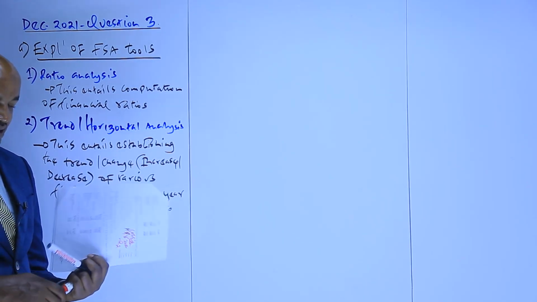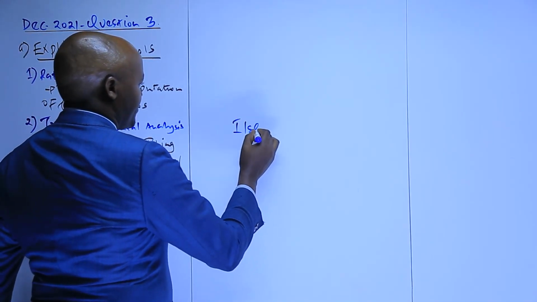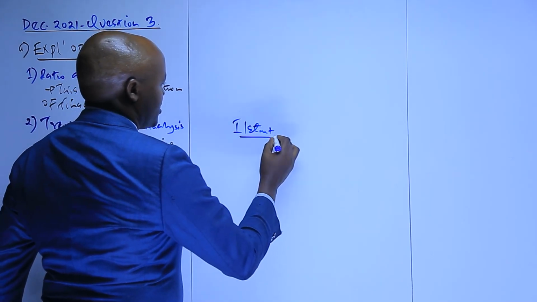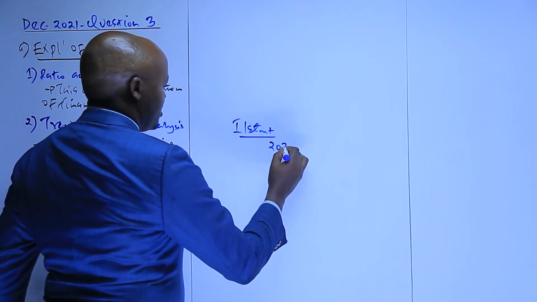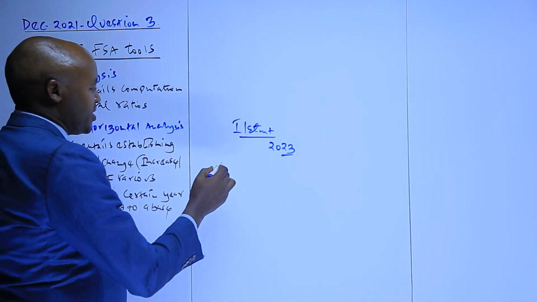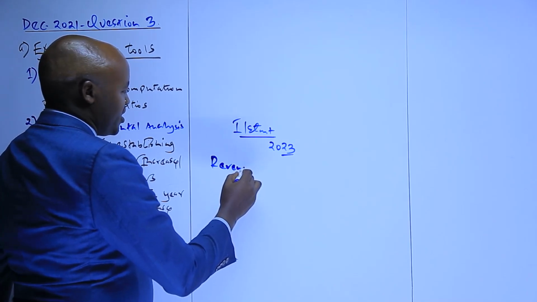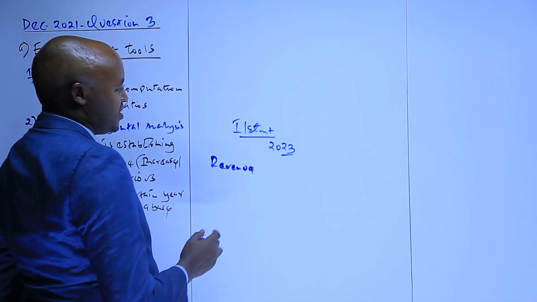For example, in this case, you can be given the income statement which was prepared by the company in the year 2023. You are given various items of the income statement. For example, maybe you can just pick one, and that is revenue. You're given the revenue of the company for this year.